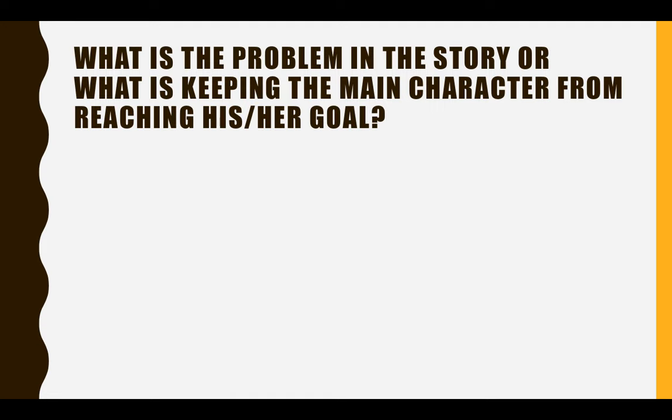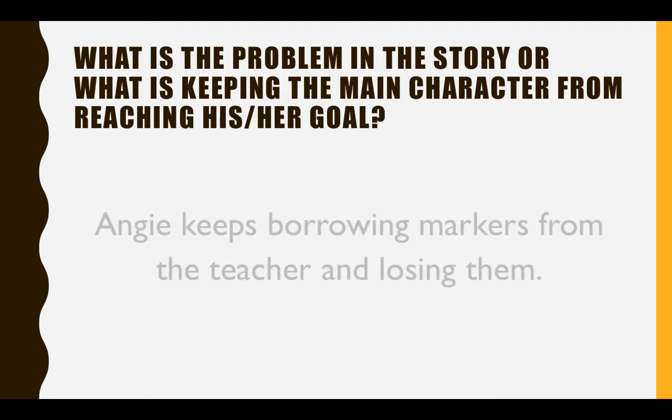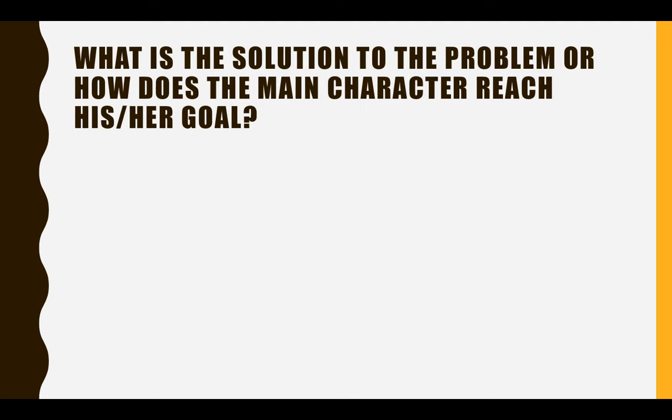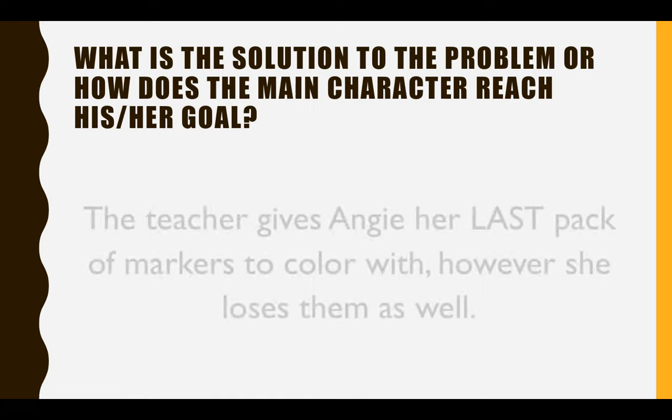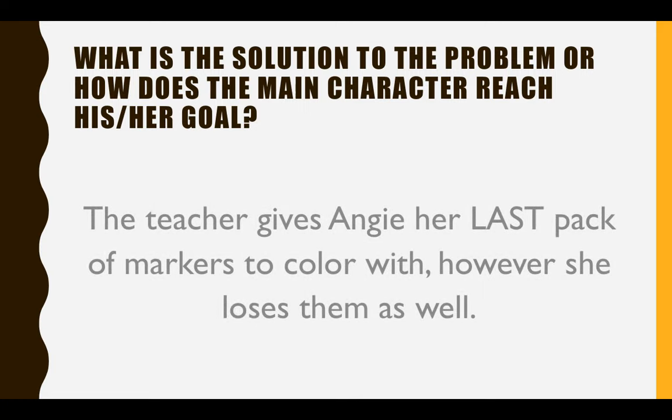Or what is keeping Angie from reaching her goal? Angie keeps borrowing markers from her teacher, and she keeps losing them. Now, what is the solution to this problem? Or how does Angie reach her goal? Angie asks the teacher for more markers, and the teacher gives her the last pack. But Angie loses them anyway.